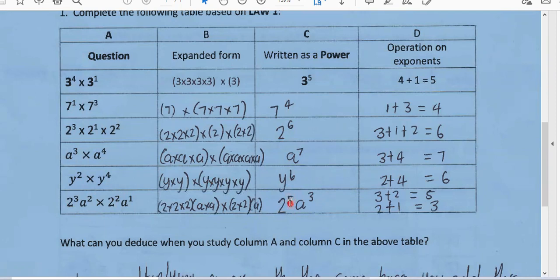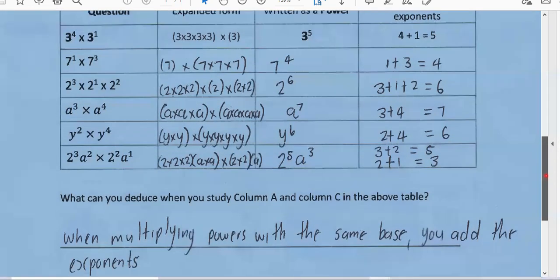For the operation on the exponents, I added the 3 of the first base, then I added the 2 from the second base. Then for a, it was the 2 plus the 1 to give me an answer of 3.